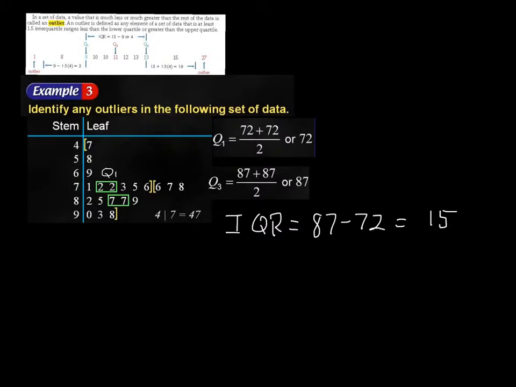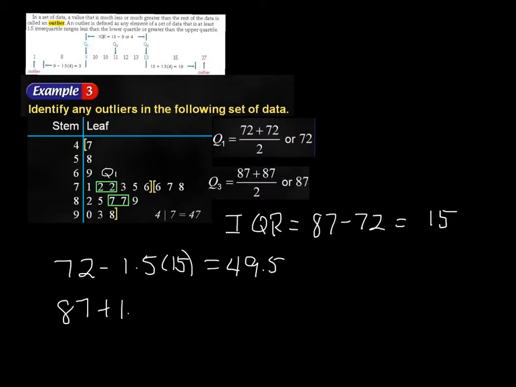Okay, so now we're going to look for outliers. If I take my Q1, which is 72, minus 1.5 times 15, I get my breaking point for outliers there, which is 49.5. And on the other end, if I take 87 plus 1.5 times 15, I get my top end extreme of 109.5.